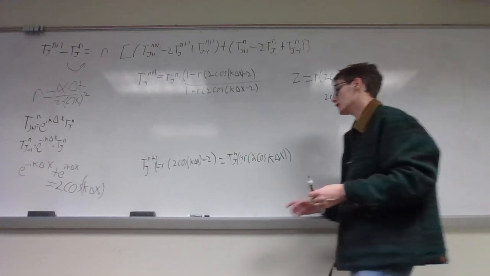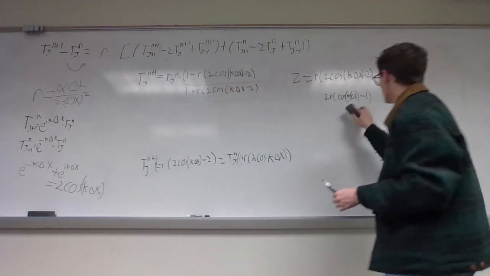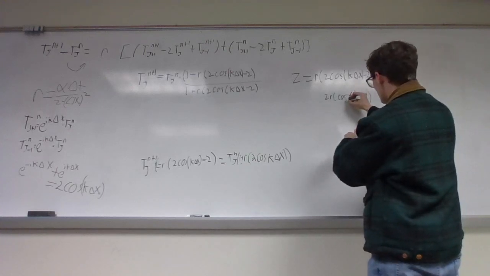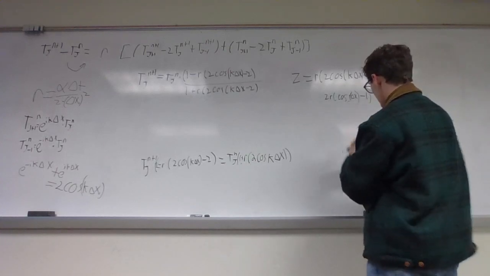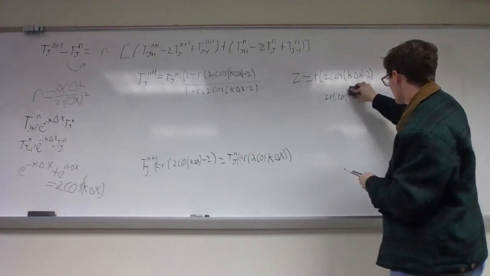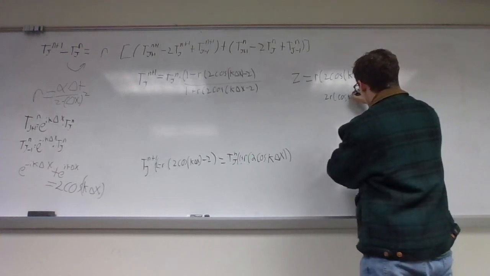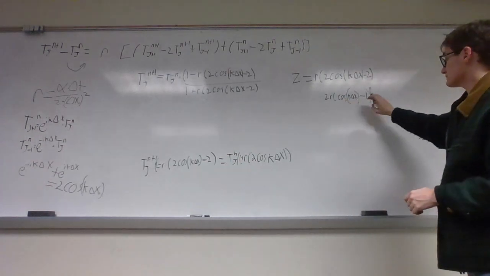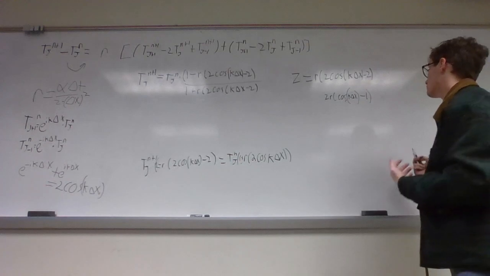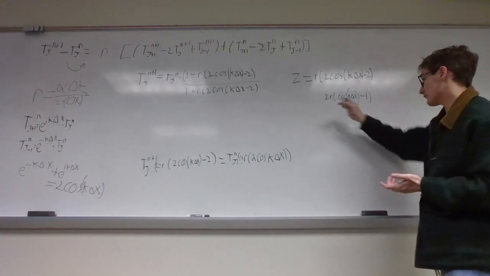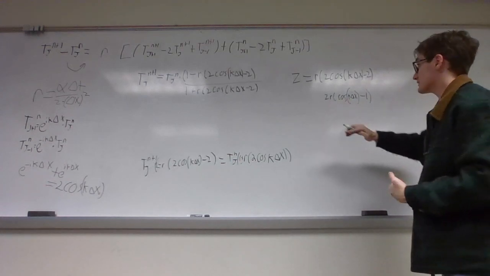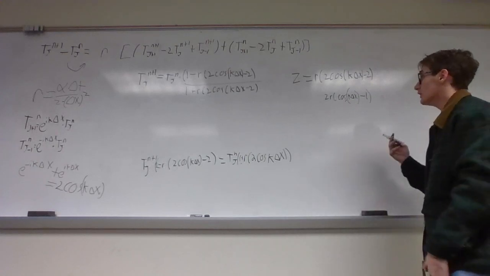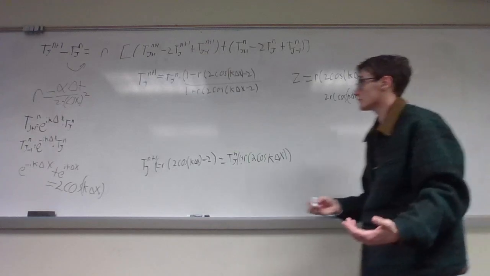The internal term, cos k delta x minus 1, at its max value of 1 will cancel itself out before it ever reaches the 2r to multiply that factor. So we could factor it out, but essentially we get the same result.